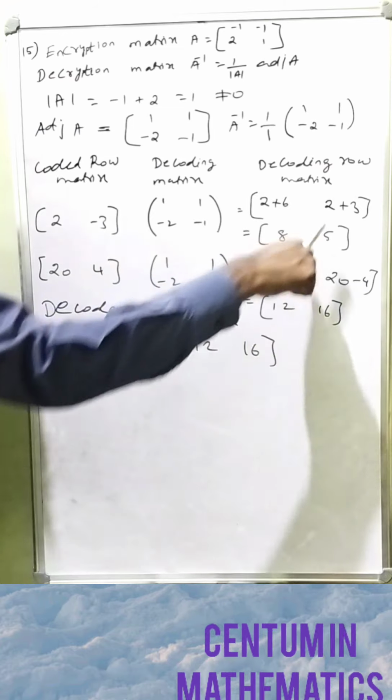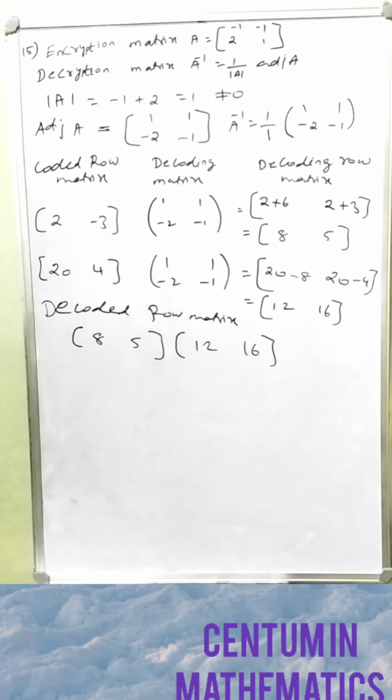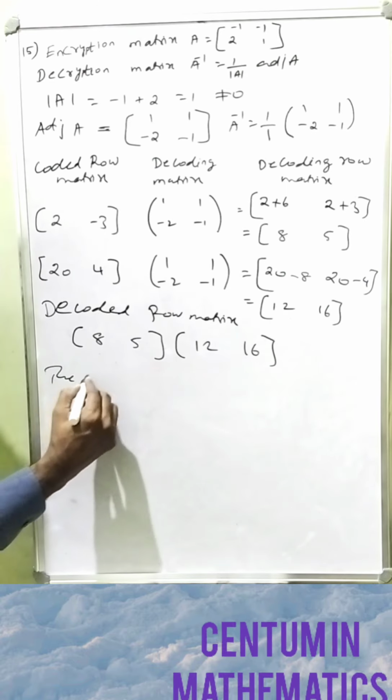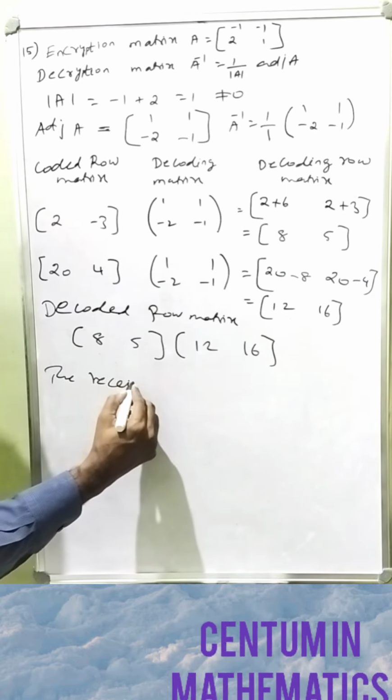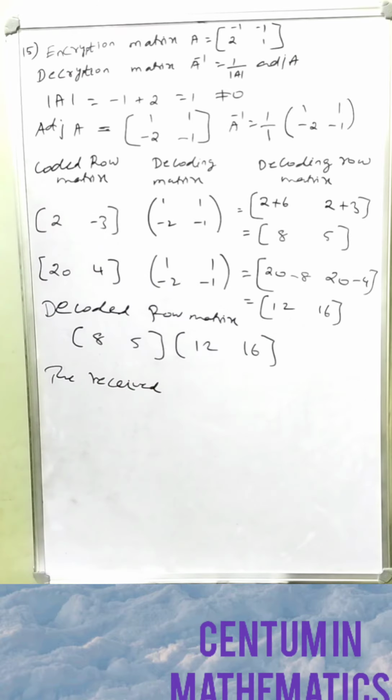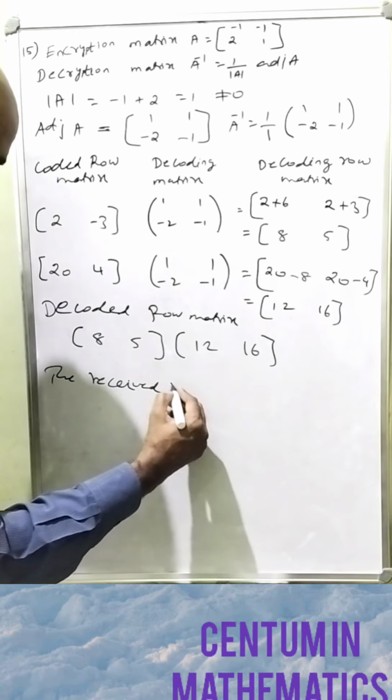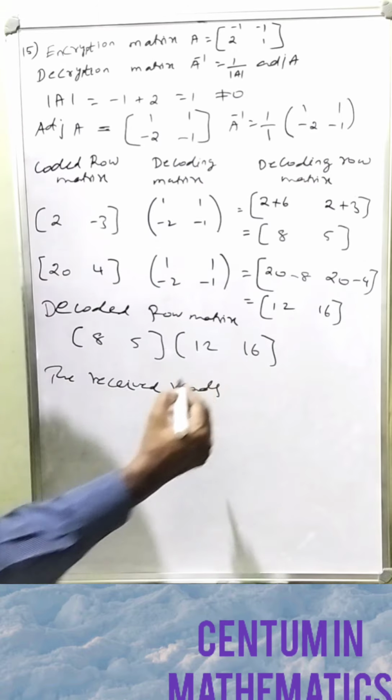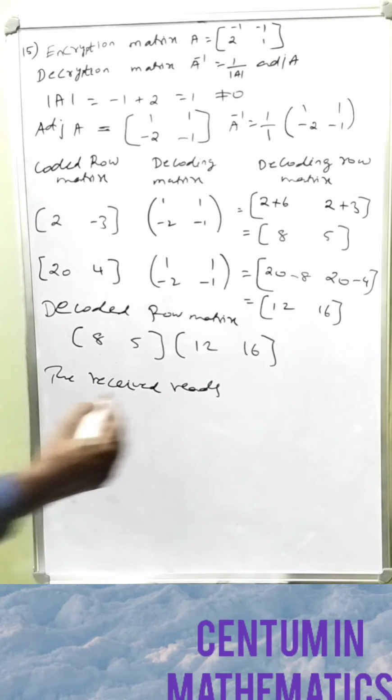8, 5, 12, 16. Now we write the received message. Read the message.